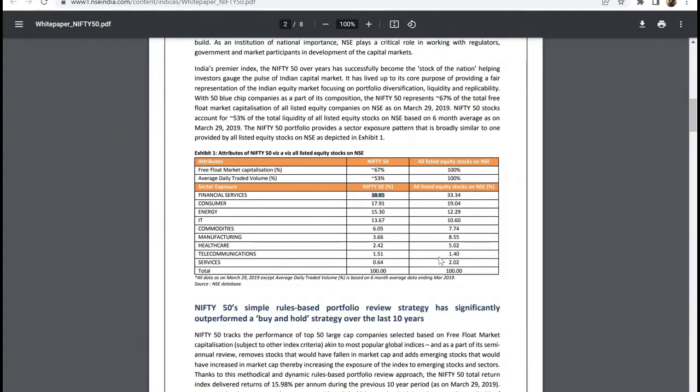The reason I'm talking about all these things is that let's say you do certain analysis and you figure out that the financial segment or the banks are under stress in the economy, or the non-banking financial companies are under stress, then it is very difficult for the overall market to go up, because in the Nifty top 50, 38.85% is making up. Whereas, if you look at telecom, it is 1.51%.